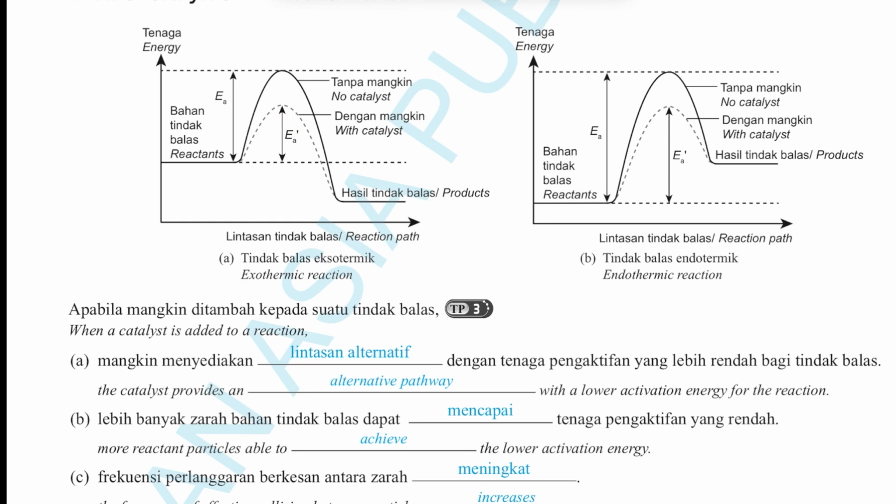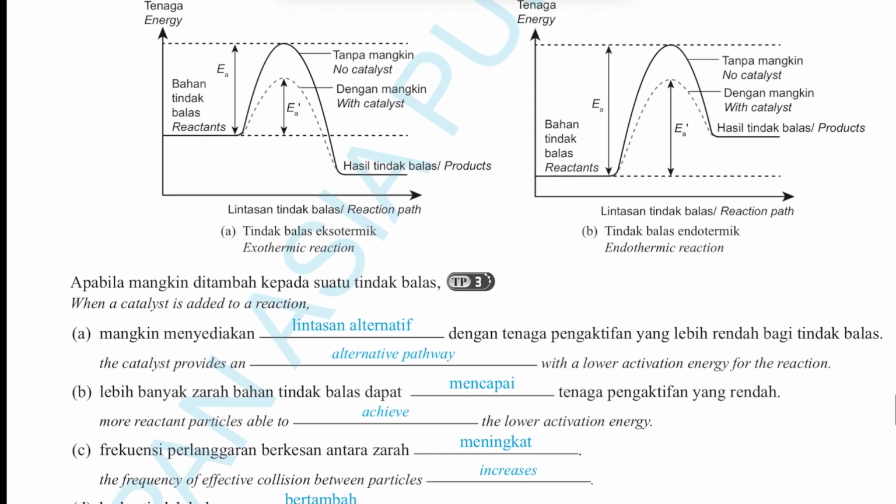Now the EA when we use catalyst is lower. Actually, the catalyst provides an alternative pathway with a lower activation energy for the reaction. So more reactant particles able to achieve lower activation energy. So frequency of effective collision between particles increases. So the rate of reaction increases.